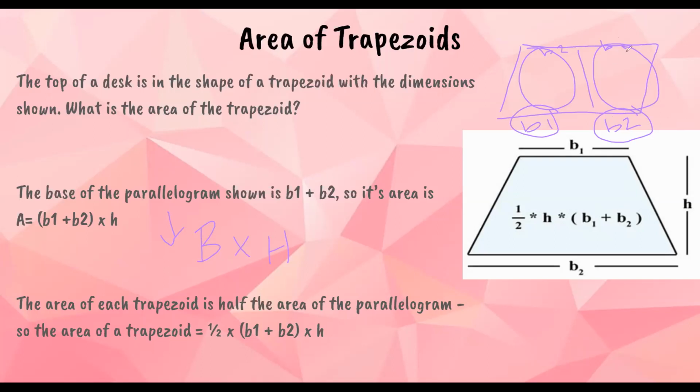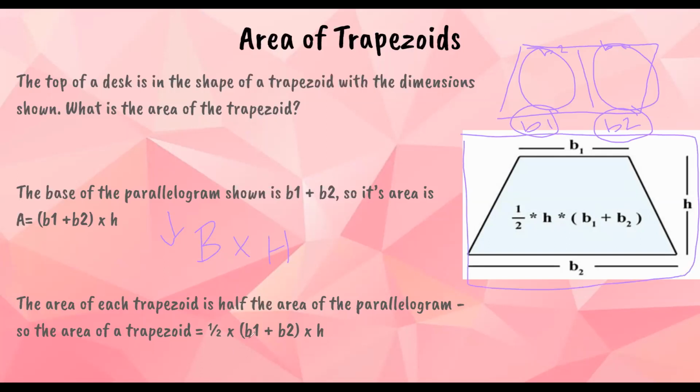I need to add those two together in order to get the actual base total. If that doesn't make sense to you, just at least know what the formula is and know what to plug in.